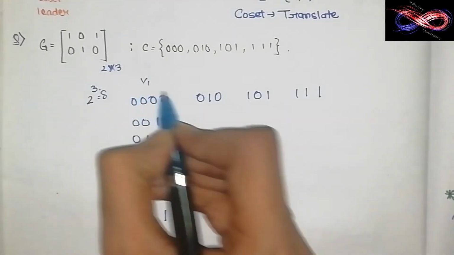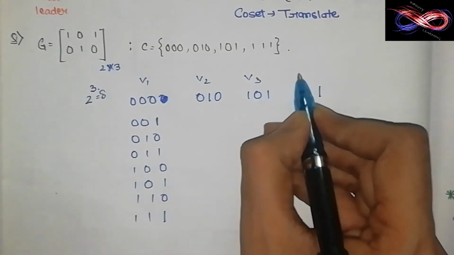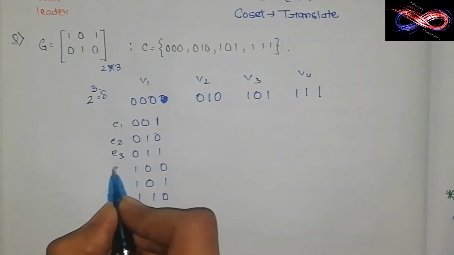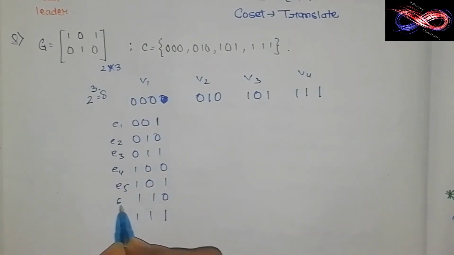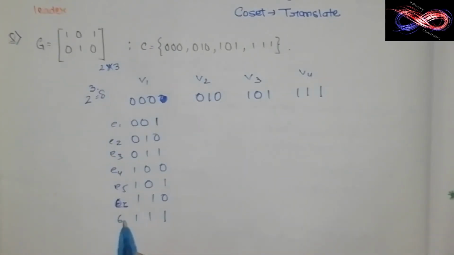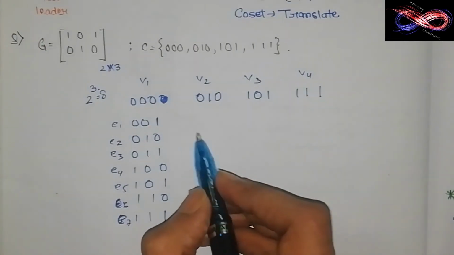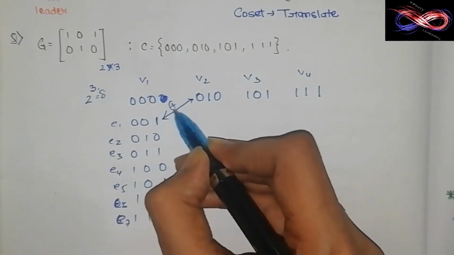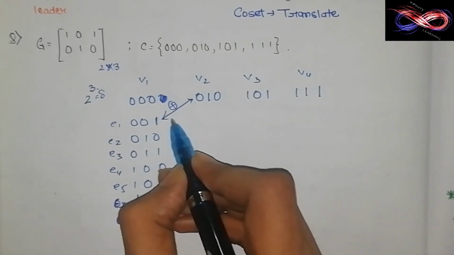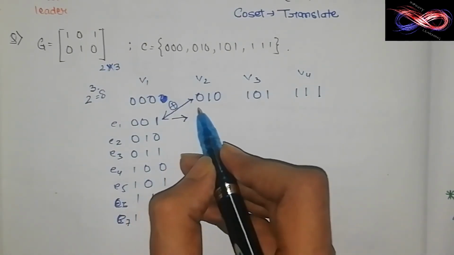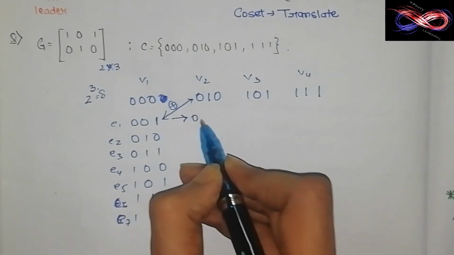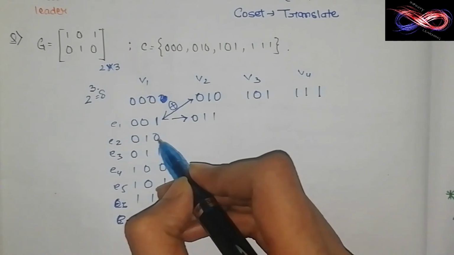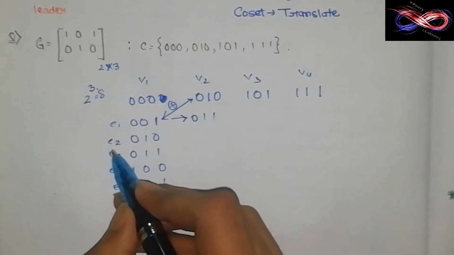Now you can mark it as v1, v2, v3 and v4, and this will be e1, e2, e3, e4, e5, e6 and e7. Now what we need to do is perform the XOR operation between these two, and we will give the result here. After performing the XOR operation, this will produce 0 1 1. Similarly for the next one, we will XOR v2 and e2.